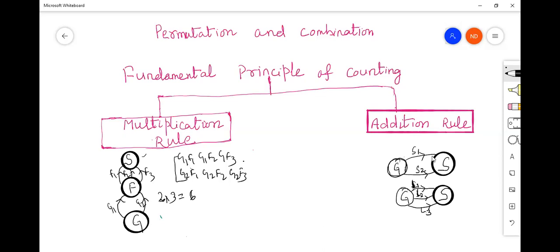So suppose you have to wear jeans, and only two colors are allowed. It means you can wear either black or blue jeans. Black jeans I can take as J1, blue jeans as J2, right?